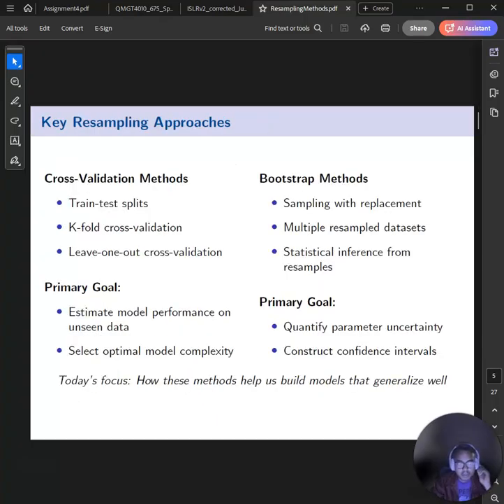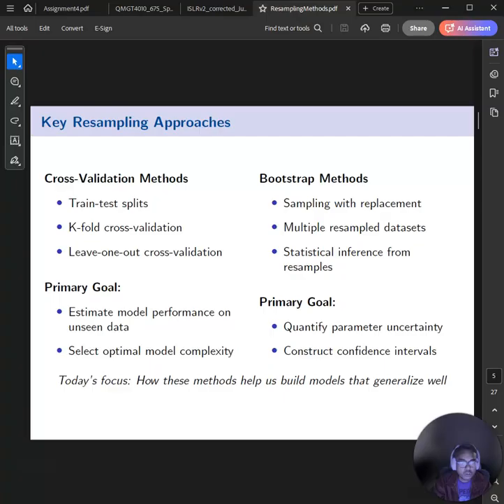So now let's talk about the key resampling approaches that we will explore in this course. These generally fall into two main categories: cross-validation methods and bootstrapping methods. Cross-validation methods include techniques like simple train test splits, k-fold cross-validation, and leave one out cross-validation, or LOOCV.